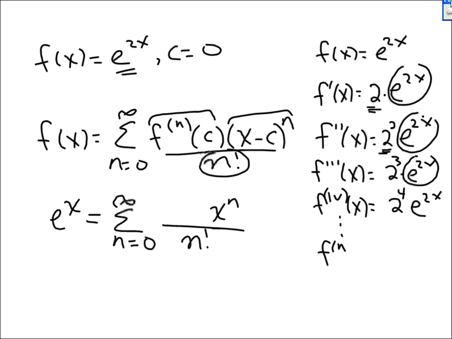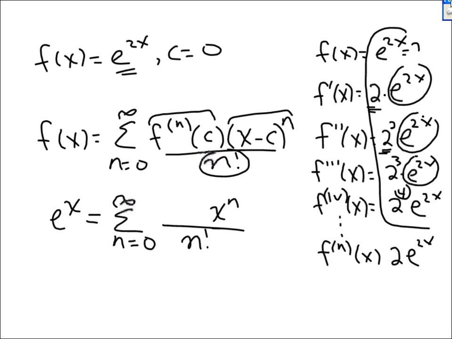Now we know that the nth derivative of f, well, it's 2 to a power times e to the 2x. That's what all of these had in common. The first one, we can think of it as 2 to the 0, which is 1, times e to the 2x. So they all have 2 to a power times e to the 2x. And the power always happens to be the number of times they took the derivative.